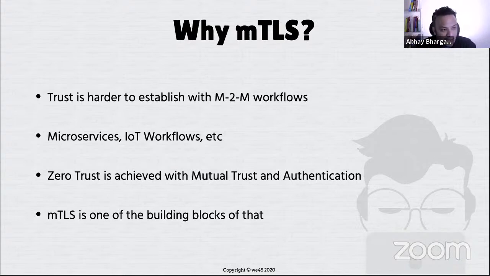And if you have dealt with Kubernetes, right? Kubernetes gave me a first view of this. When I started working with Kubernetes about 3 years ago, this is when I actually started seeing the concept of mutual trust, because every component in Kubernetes authenticates itself to the API server or every other component through certificates, right?